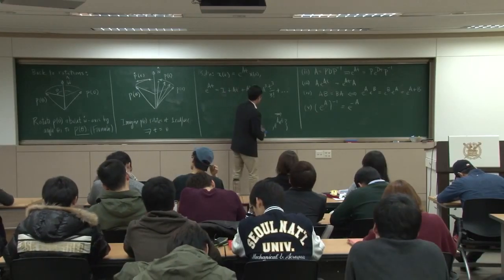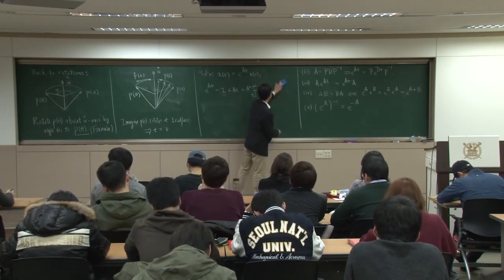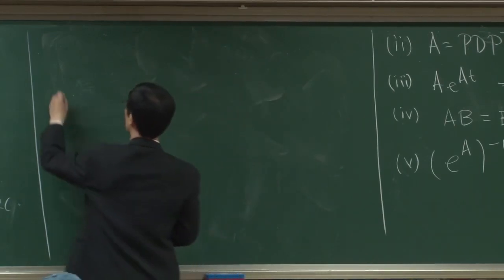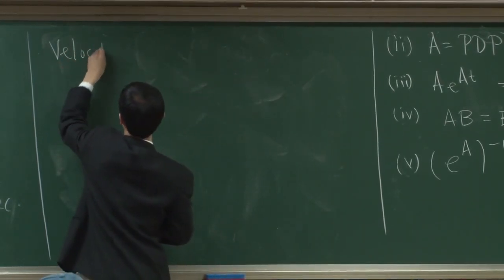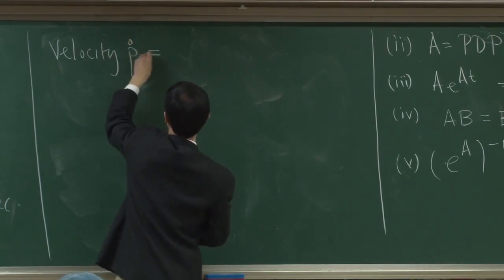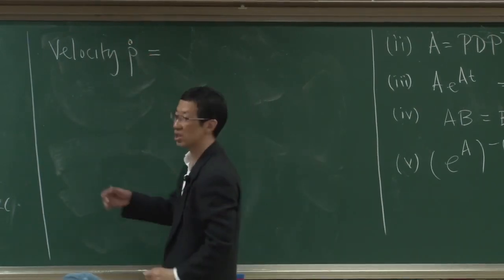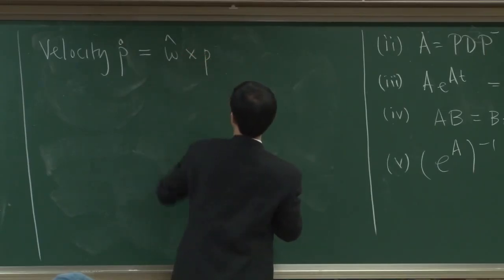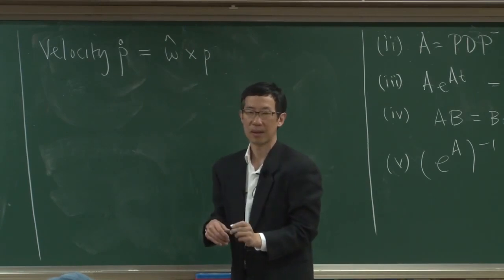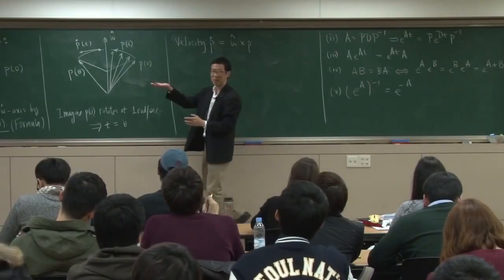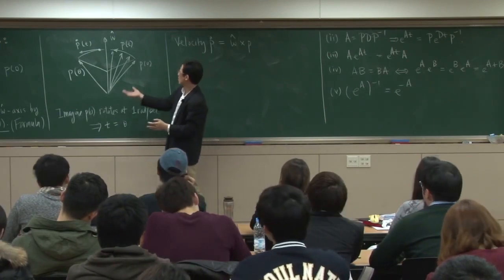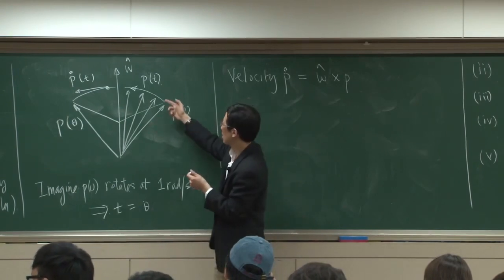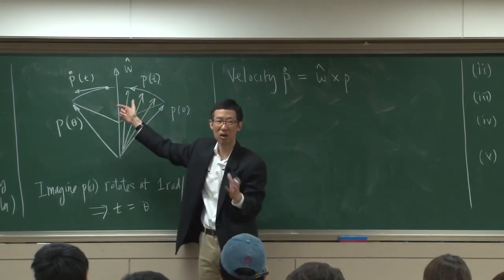It's not too hard to see that the velocity can be written as a cross product. The velocity p dot is equal to omega hat cross p. You can verify this: you know how to take cross products using your right hand, so omega hat cross p gives you the direction. The thumb indicates the direction, always tangent to the path, as required.